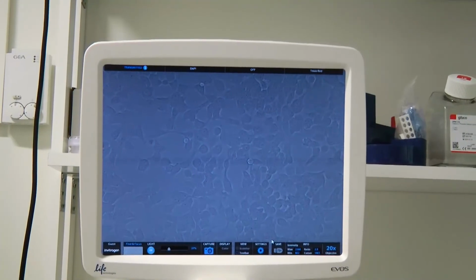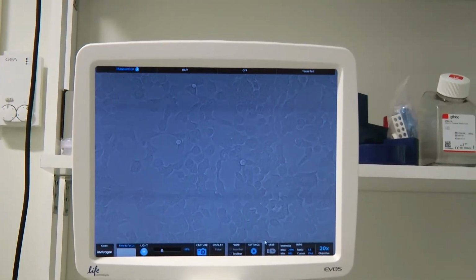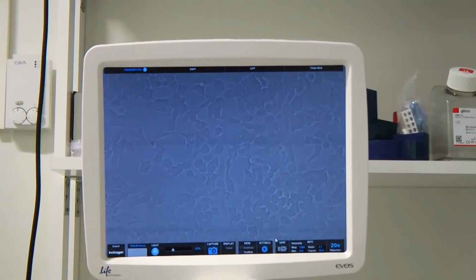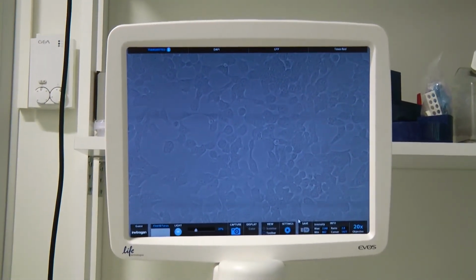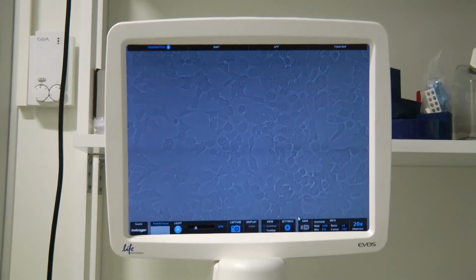In the lab, we work with cancer cells because they can live forever and you can make nice experiments with them. Here you can see HCT116 cells that are derived from a colon cancer cell line. And this is how they look under the microscope. Now we've seen that we transfected them with constructs for the CRISPR-Cas9 technique.